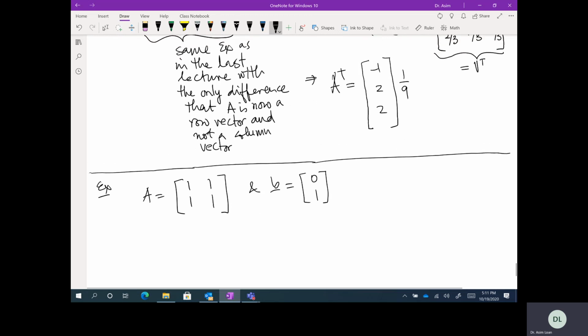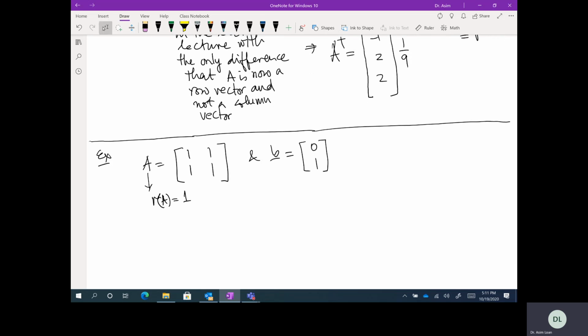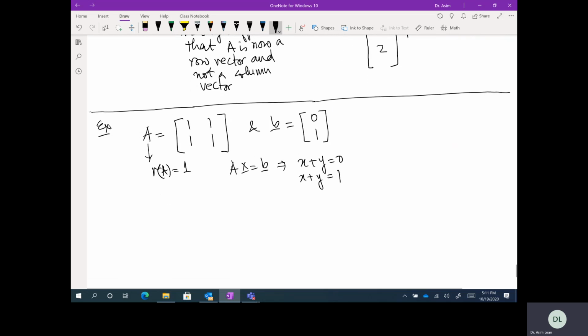Obviously the rank of A is 1, so we have only one independent column or row. So the equation AX equals B implies X plus Y equals 0 and X plus Y equals 1. We want to find a solution for this one.